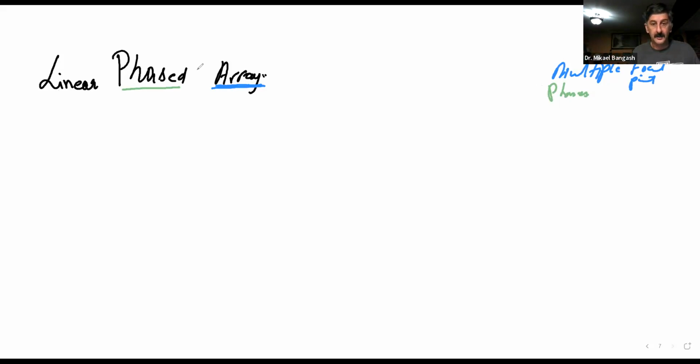And what does the word linear mean? The word linear can mean two things. Mainly it pertains to a line. But there may be two reasons why a transducer may have the word linear in its name.